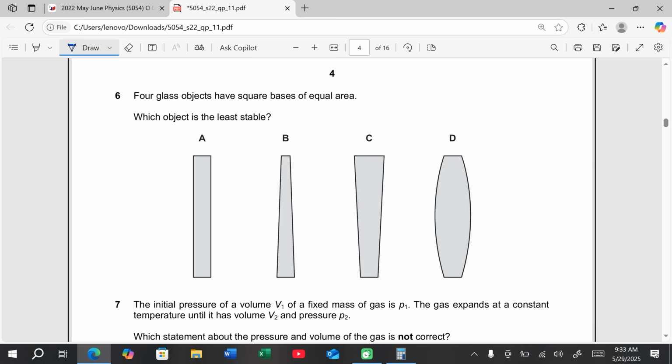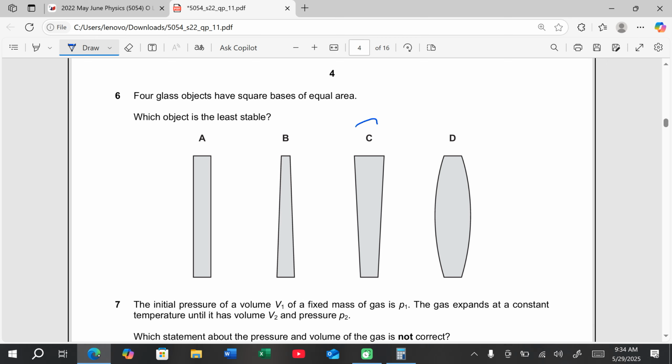The four glass objects have a square base of equal area. Which object is the least stable? Since the base areas of all the objects are equal, we need to see whose mass is most concentrated at the top, so that it becomes the least stable.